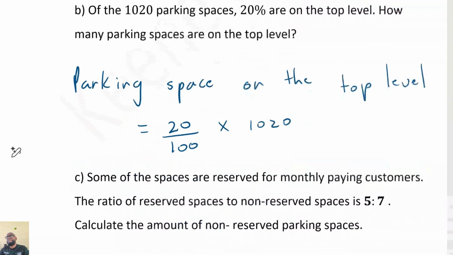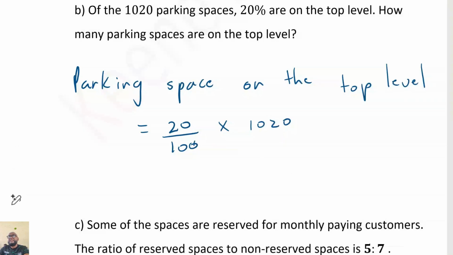Let me see what could cancel out here. This could cancel with this. This could cancel with this. So 2 multiplied by 102 would be 204 spaces.